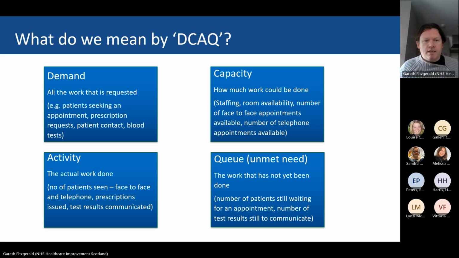Activity is the amount of work that we're doing within the capacity that we have. And the Q, the unmet demand, as I said, might be picked up elsewhere. The Q is also the area that might have the most impact on patient experience and outcomes, and on how vocal the patients are about the services they're accessing.